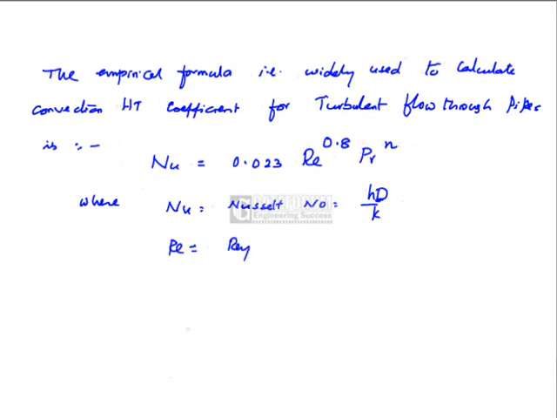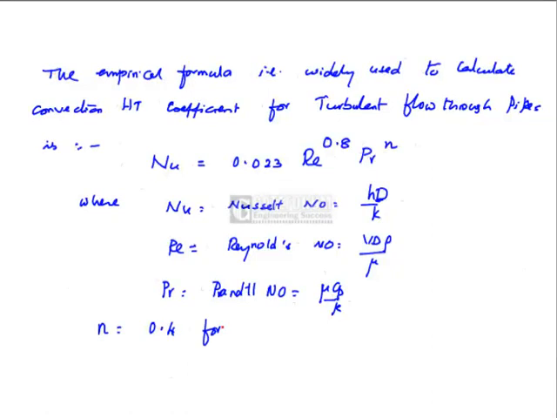Re is equal to Reynolds number given by vd rho by mu, and Pr is equal to Prandtl number given by mu Cp by K. N is index 0.4 for heating of fluid and 0.3 for cooling of fluid.